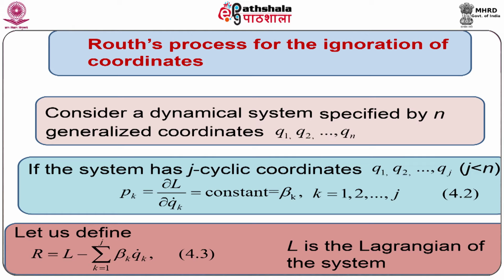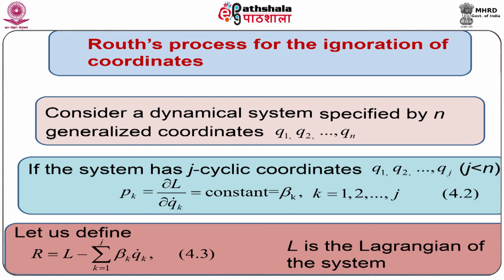Let the system have j cyclic coordinates which are q1, q2 up to qj. Please note that j must be less than n. We shall show that the dynamical system has n minus j degrees of freedom.